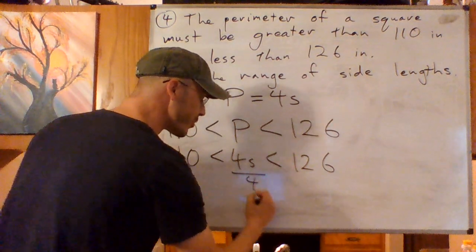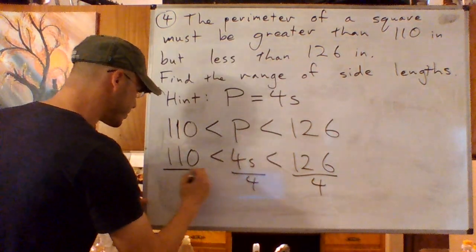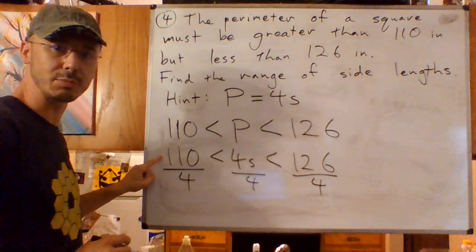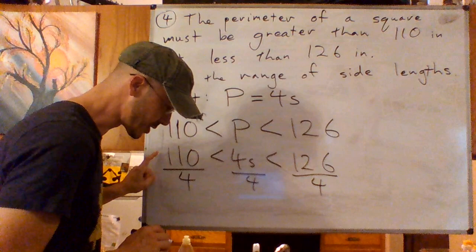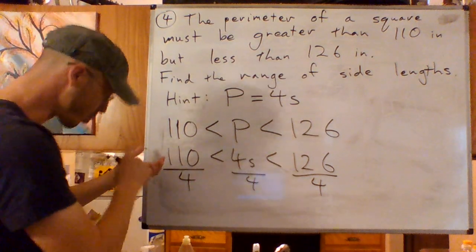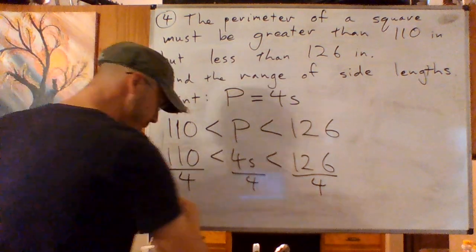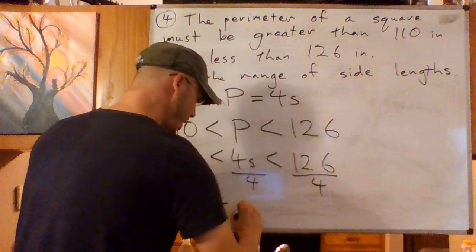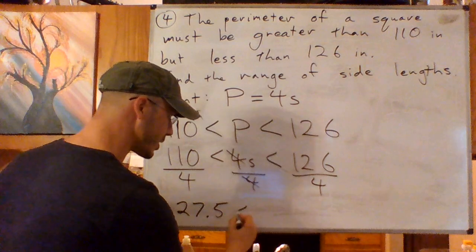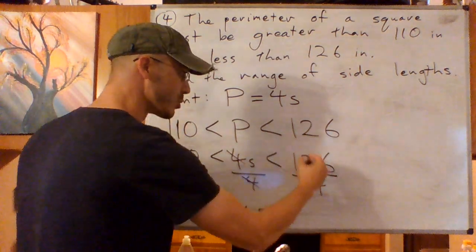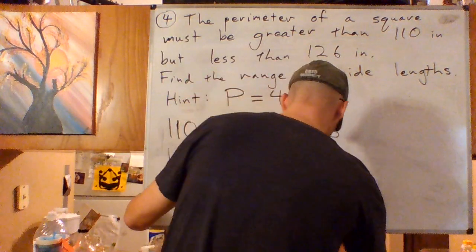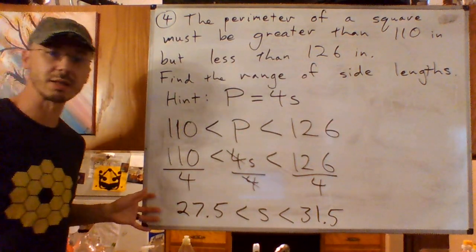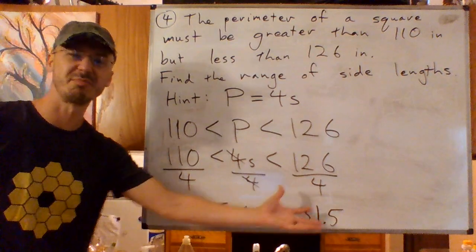If I divide by 4, let's see, it said to use decimals, I'm pretty sure. So I'm going to write 110 divided by 4. What I got from my calculator was 27.5. The 4 and the 4 cancel, leaving S. And 126 divided by 4 is 31.5. So there's my simplified inequality with decimals.